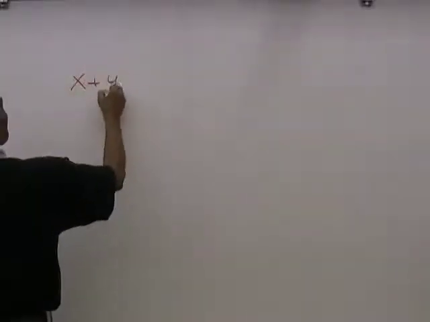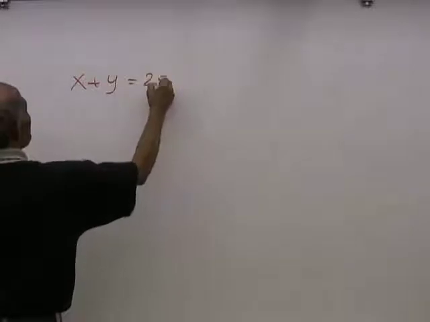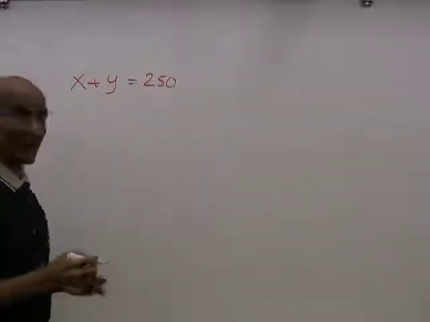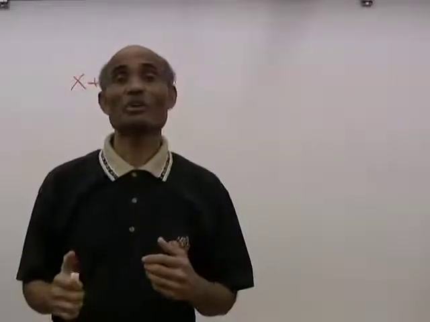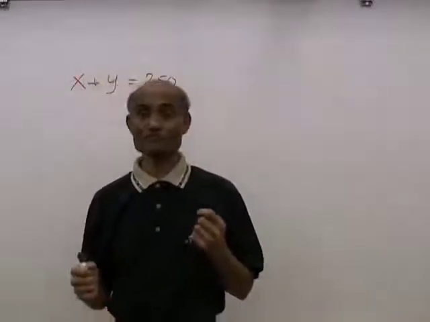We are given that the sum of two numbers is 250. So start by doing what? Let the numbers be x and y, so that we can now say x plus y equal to 250. Now that establishes a relation between x and y. What is it that we need to find?